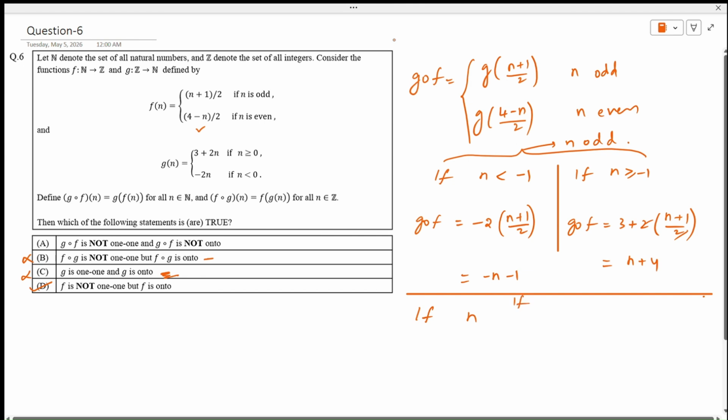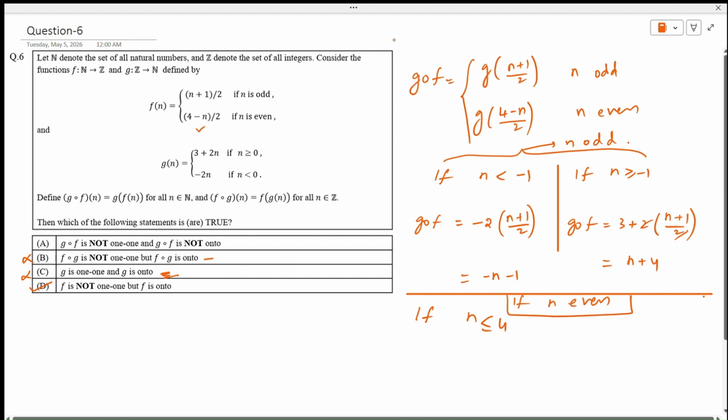If n is even, then once again we'll get 4 as our critical point. So if n is equal to 4, then we'll get 0. And for positive, what we have to do is we should take values less than 4. So if n is less than or equal to 4, then we'll be getting positive values.